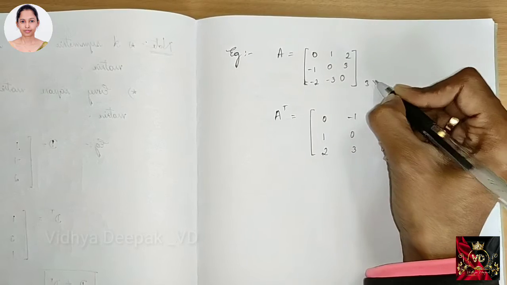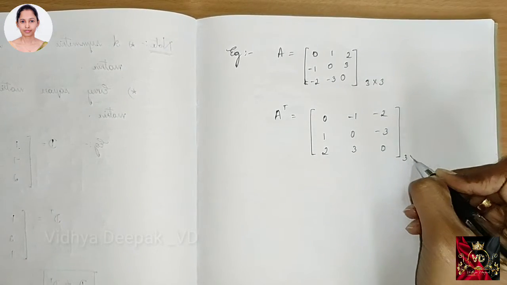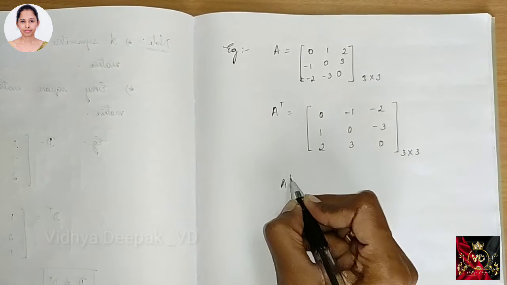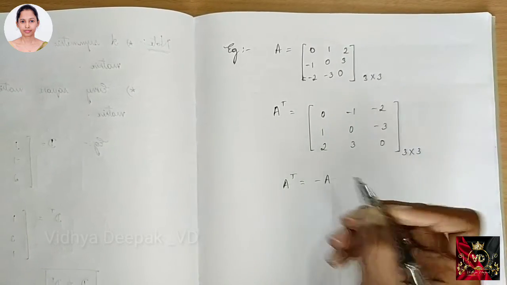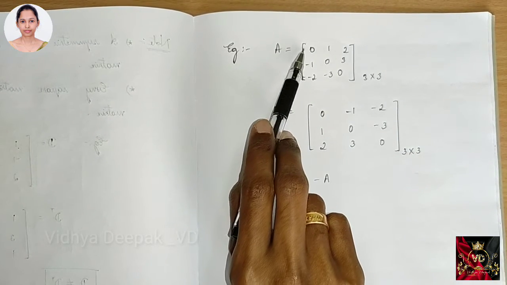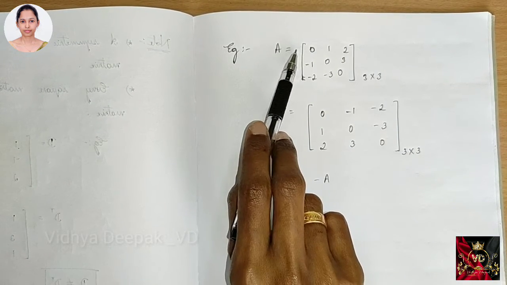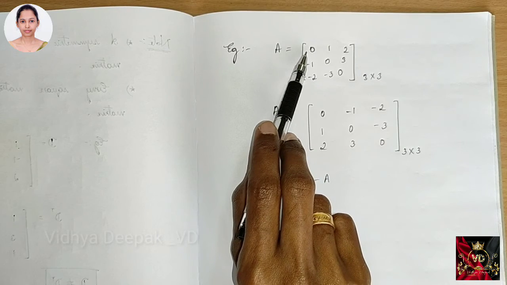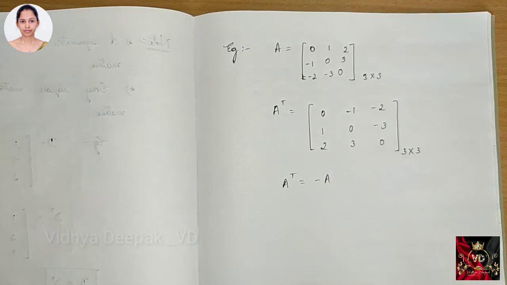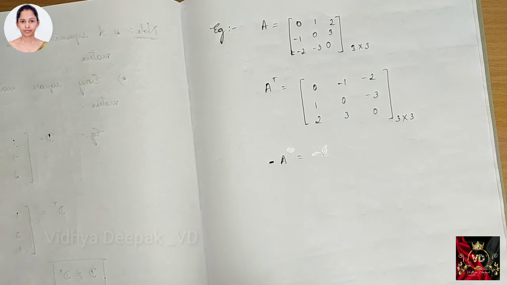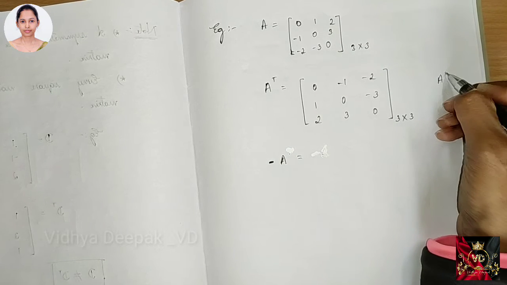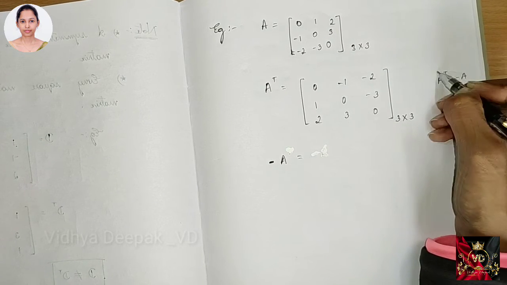This is of order 3 cross 3 and this also is of order 3 cross 3. So let's check whether A transpose is equal to minus A. Yes. In order to prove this is a skew symmetric matrix, our condition is A transpose is equal to minus A, right?